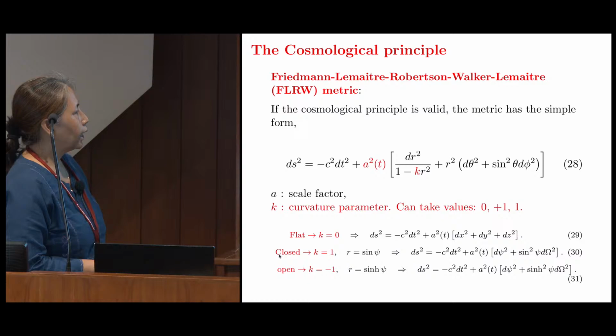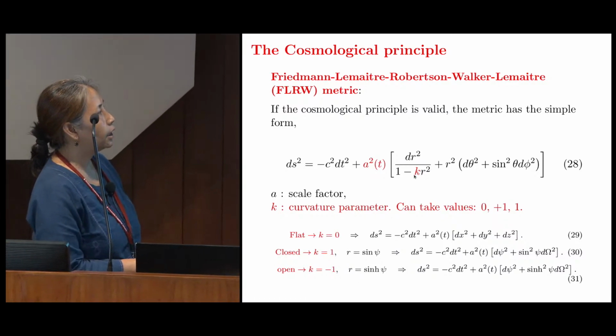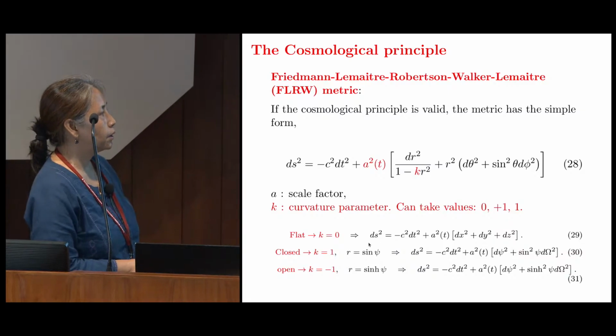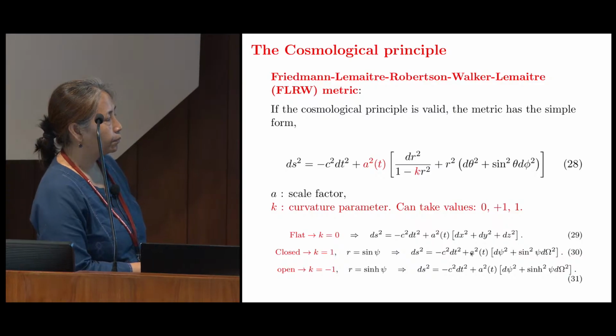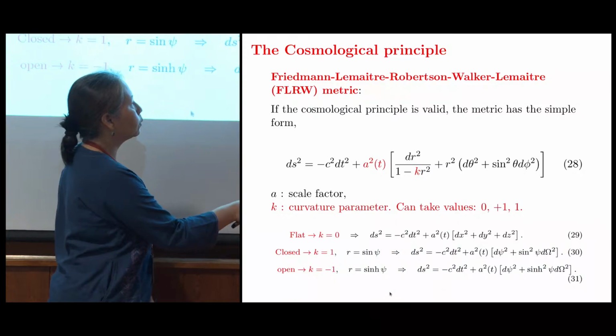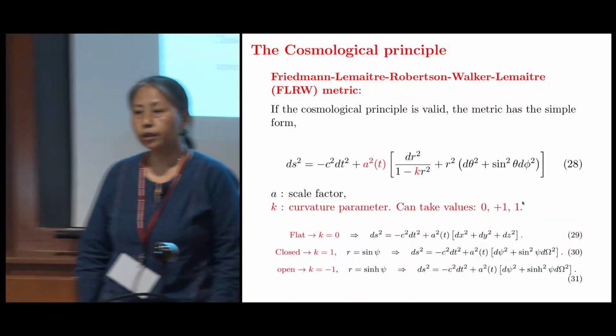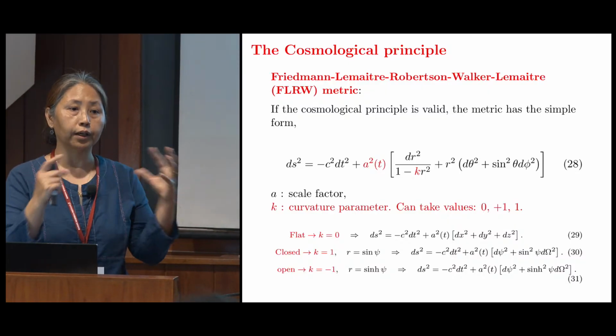Then the other case is k equal to 1. If k equal to 1 here, you can change your variable r into some sine of psi, and you can rewrite it in this form, okay. If you examine only this part, you must have written the metric for a sphere at some point.